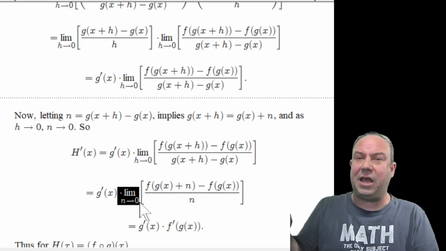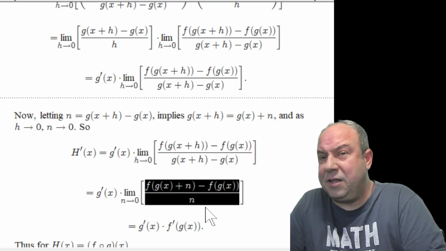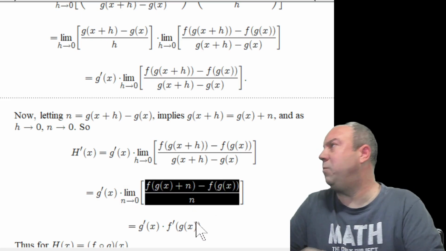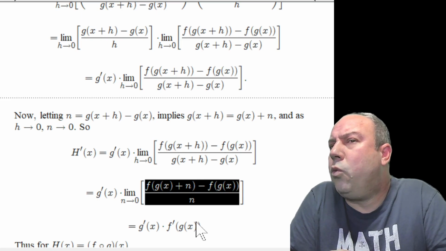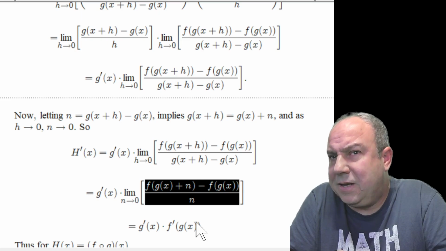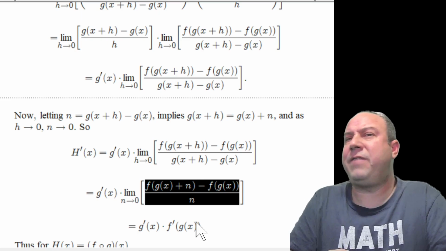And here as that h heads to 0, so does n. So we become interested in the limit as n heads to 0 in this argument, where if we spend a moment just inspecting that, what we should see is that is the definition of f prime.